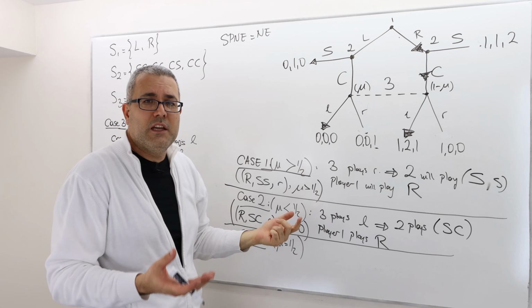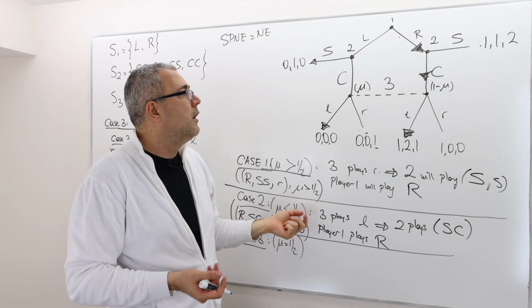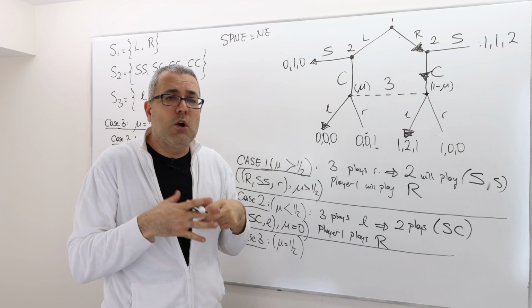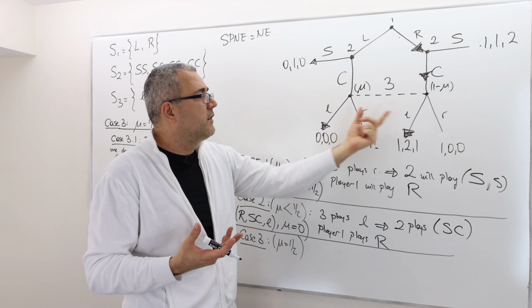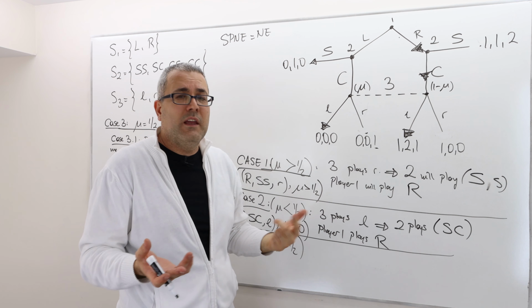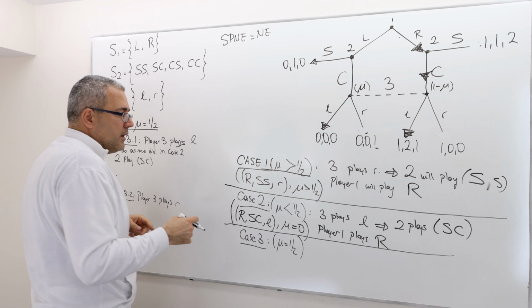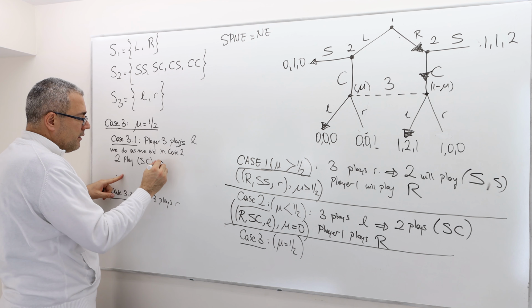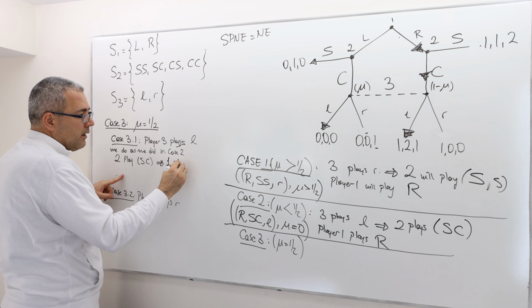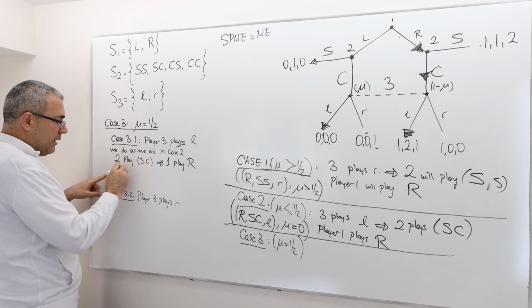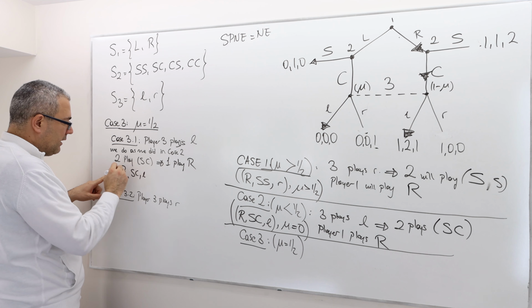It didn't change. It has nothing to do with mu. The second player's optimal strategy depends only on what player 3 will do. So, given this, 1 will play R. So I get basically R, S, C, L.